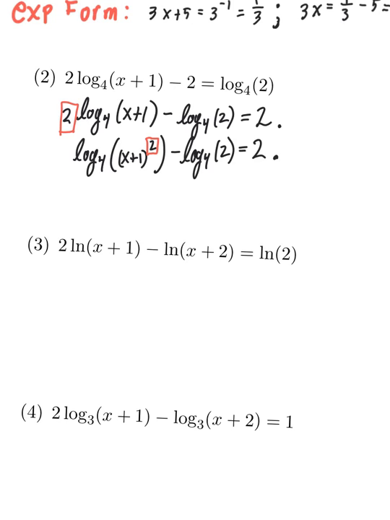So now I see a log minus a log. A logarithm minus another logarithm is the logarithm of the quotient. So this will give me the log base 4 of x plus 1 quantity squared divided by 2. Where, for emphasis, this 2 is the same as that 2.